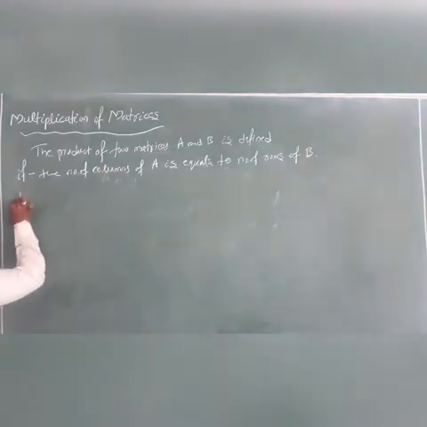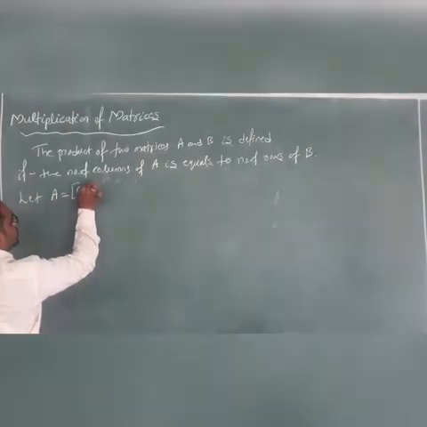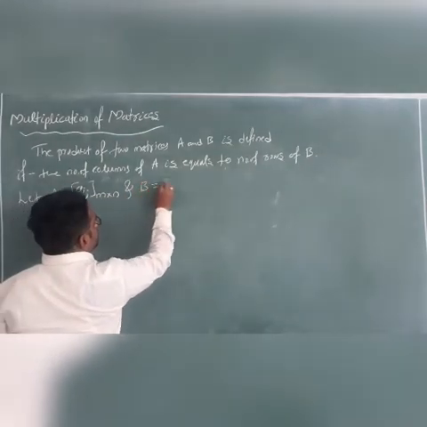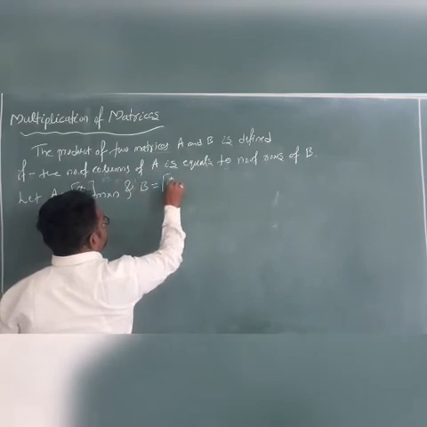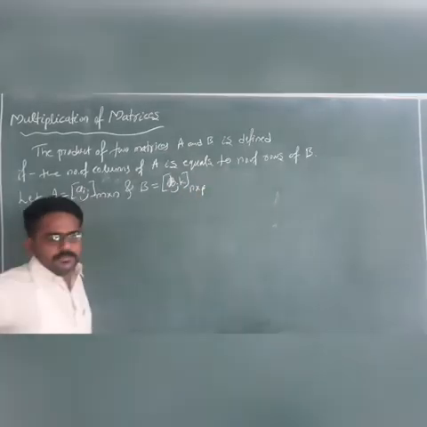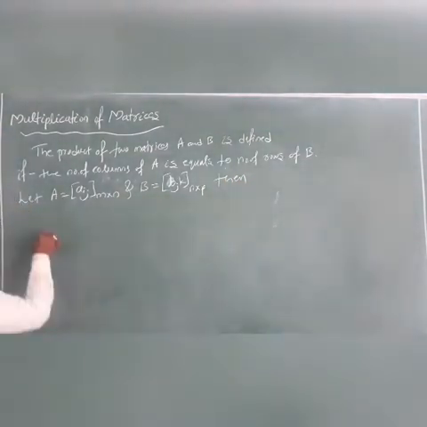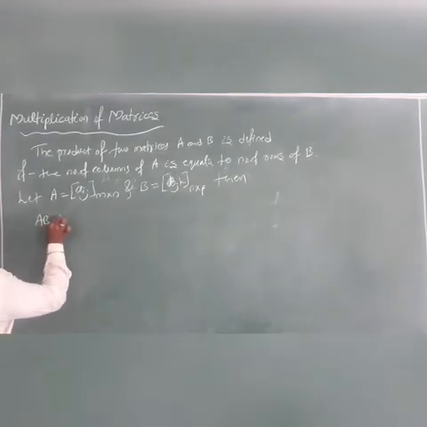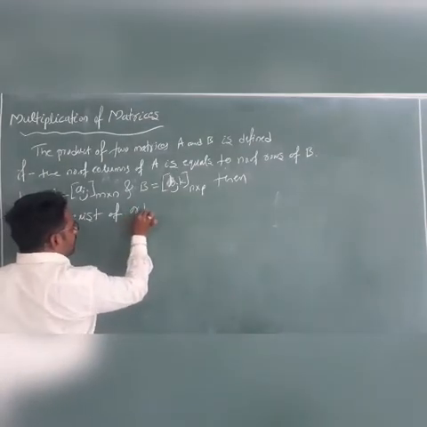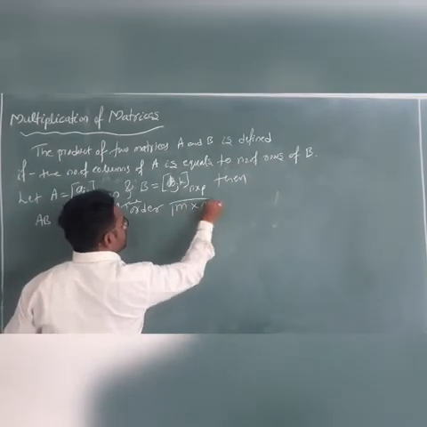Okay? Let A equals Aij of the order m by n and B equals Bjk of the order n by p. Then AB exists of the order m by p.